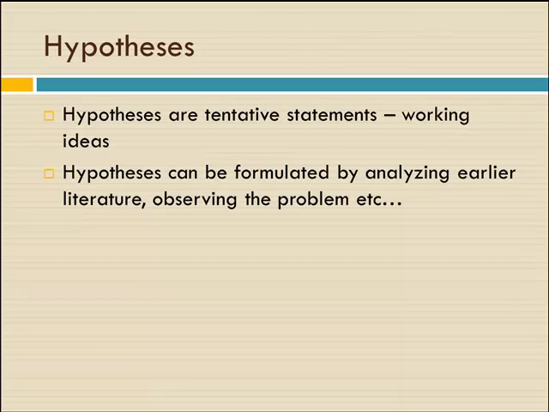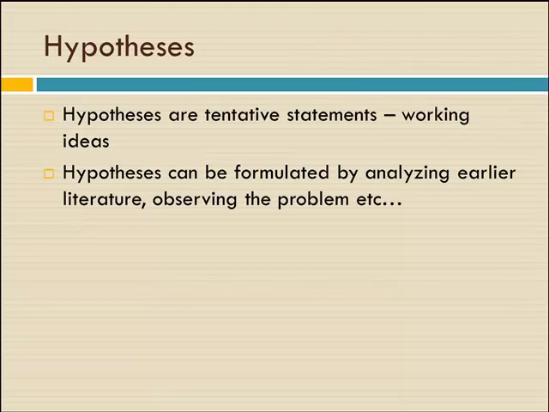So a hypothesis is a tentative statement, or a working idea on which the research scholar is going to do research. For each objective, he can frame a corresponding hypothesis. The hypotheses need not be large in number.